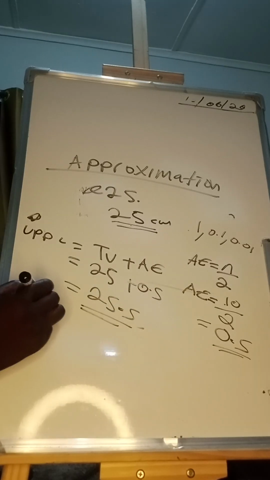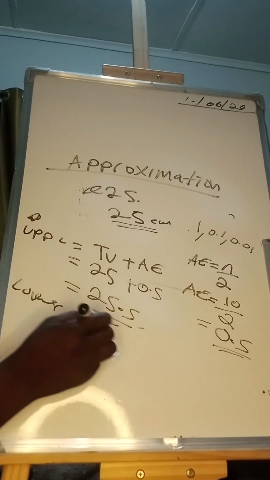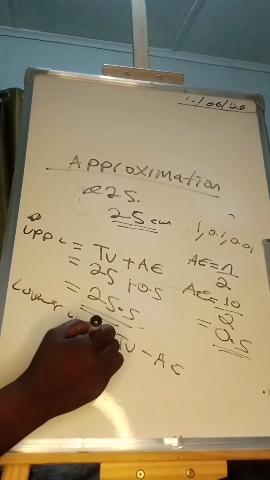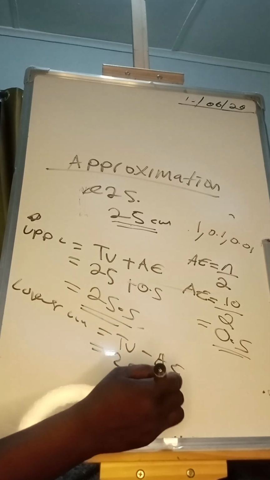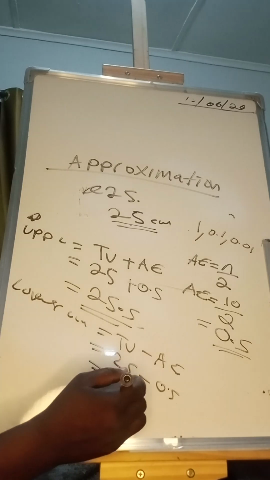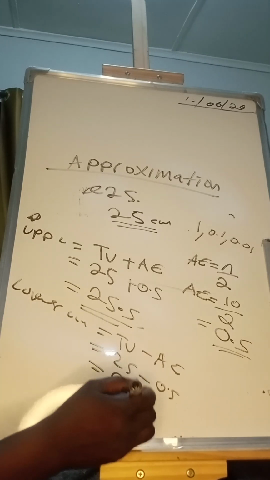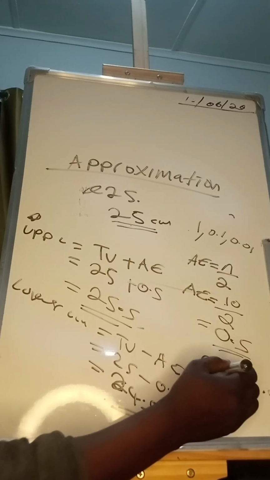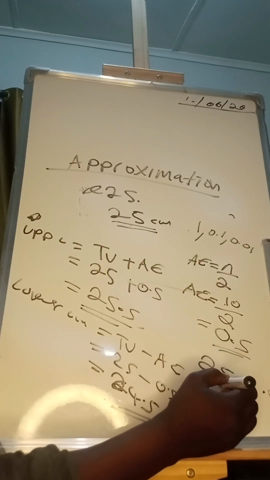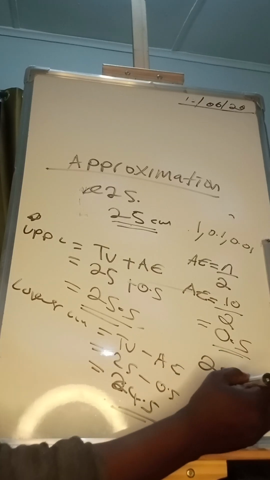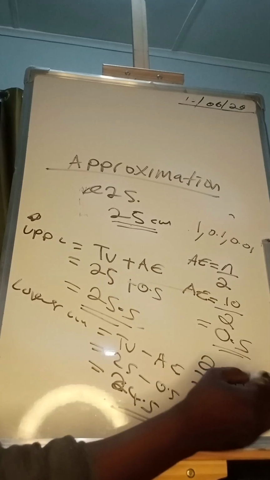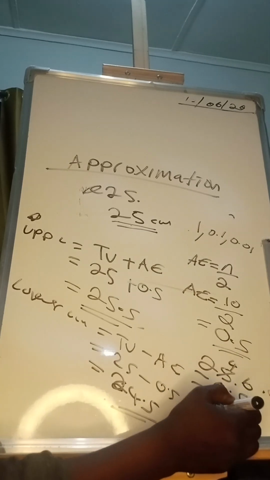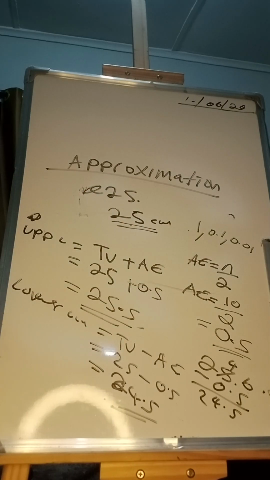Lower limit, same thing. True value minus absolute error. 25 minus 0.5 will give you 24.5. You add a 0 here, you cancel 10 here, 4 here, like that.